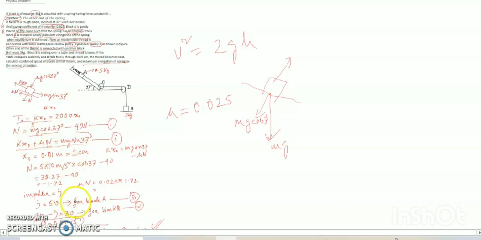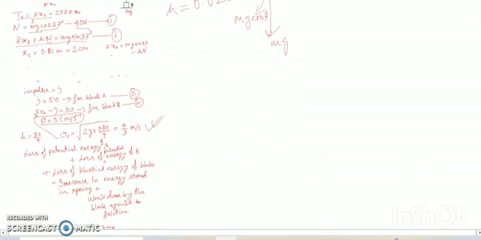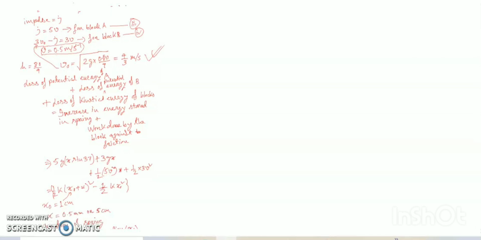So friends, I hope you understand this total problem. The concept is very simple: loss of potential energy of B and loss of kinetic energy of blocks is equal to increase in energy stored in the spring and work done by the blocks against friction.